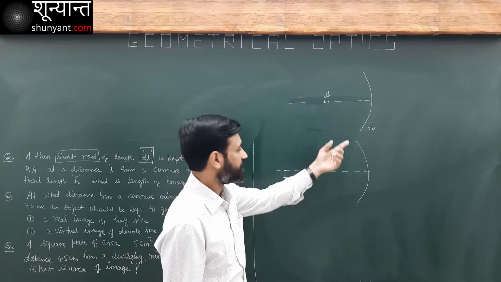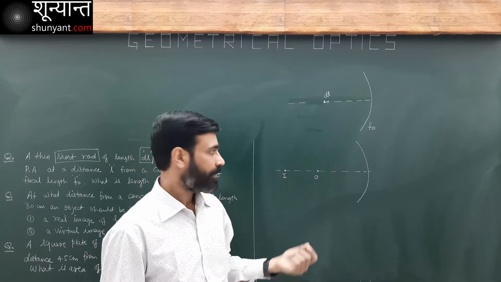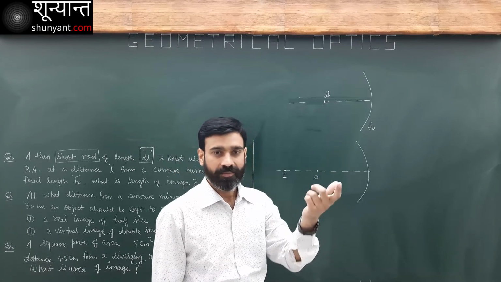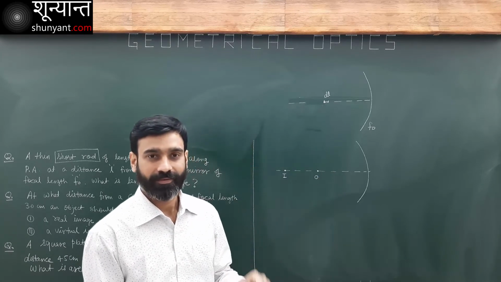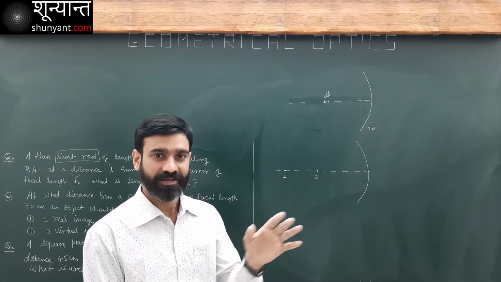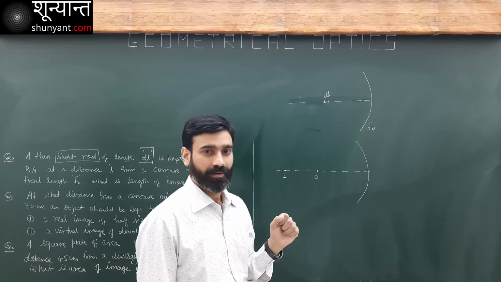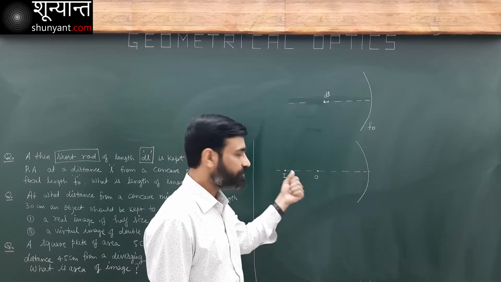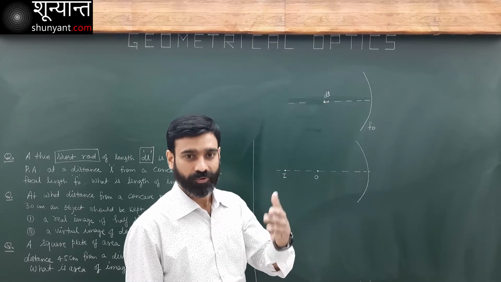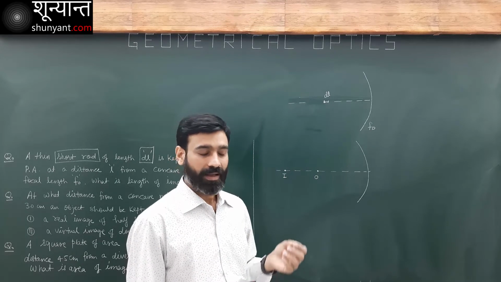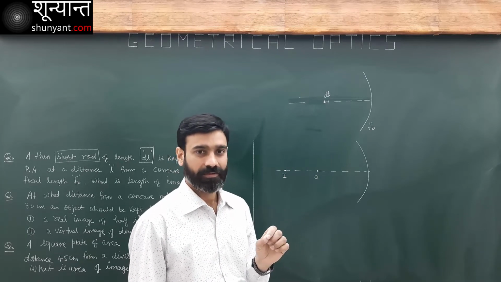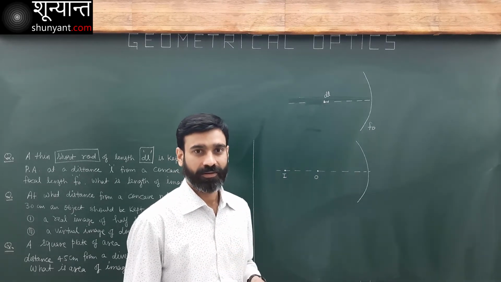Focal length is, let's say, 40 centimeter. I am shifting it by 1 millimeter. Very small, that's it. The image is going to change. The image is also going to shift. I can calculate the shift using the mirror formula. That's not a problem.